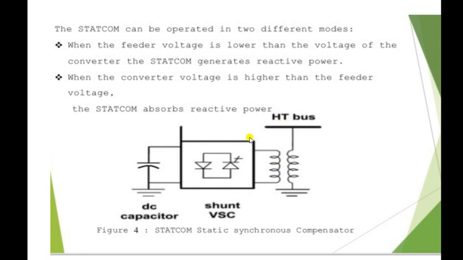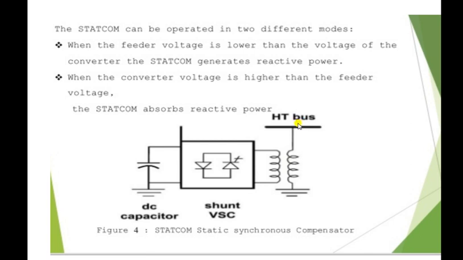So at this HT bus where we are going to connect this STATCOM, suppose there is a fall in voltage, or the voltage here is less than the nominal voltage. In this case the STATCOM is going to generate reactive power, and due to that generated reactive power, it is going to boost the voltage at this bus.